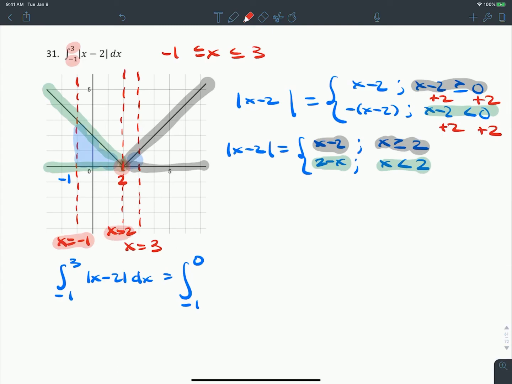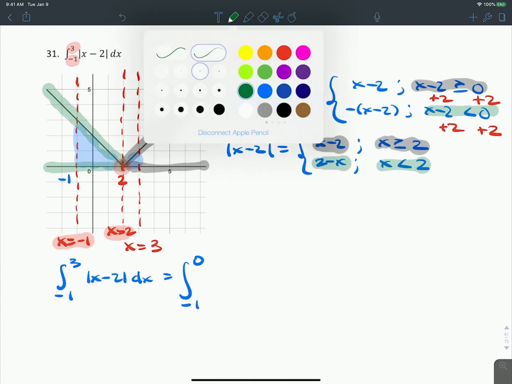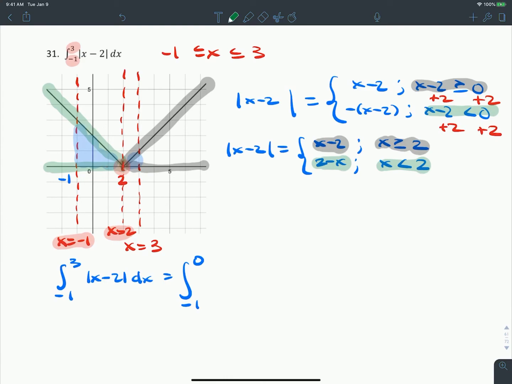This is my first integral. That's the left portion here. So I'll put this even in green here. So we have 2 minus x here dx. So let's put it all in green. Maybe we can see it better. Negative 1 is 0.